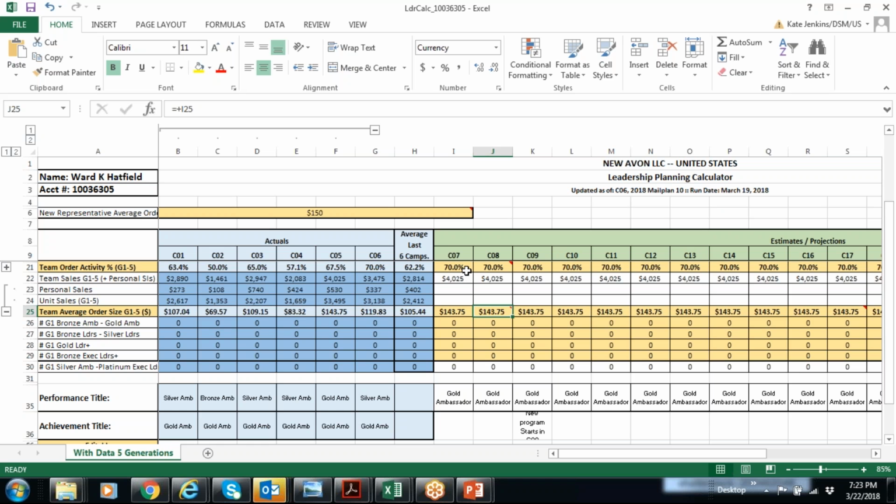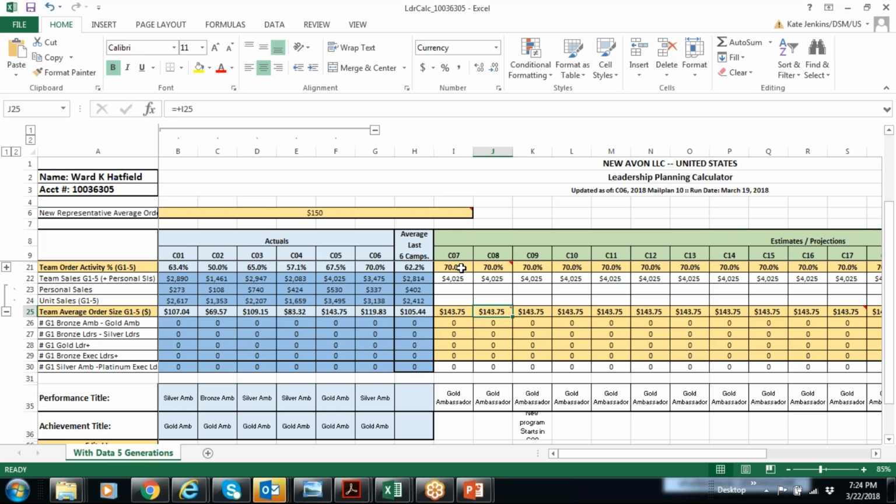at every campaign. Avon's goal for you for team activity is 68 to 72%. Okay? So if you're sitting at 70%, you are doing really well. I worked with somebody earlier today, and her team activity was 80%. Wow. And it was really interesting because she had 25 team members.